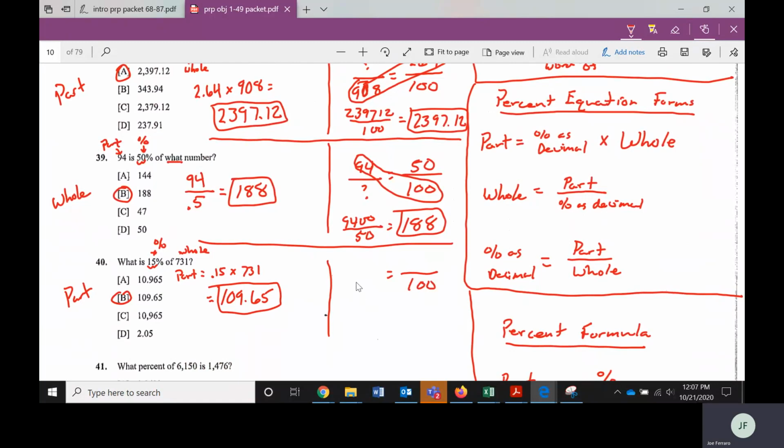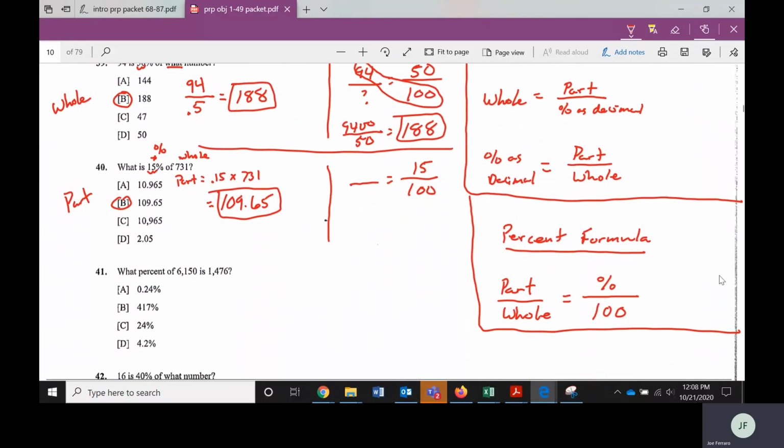Okay, percent formula. Start with this every time. Percent is 15. Again, you don't change that to a decimal there like you do with the percent equation. Whole, again, is the bottom. Okay, that's 731 because it comes after the word of. And we're looking for the part.